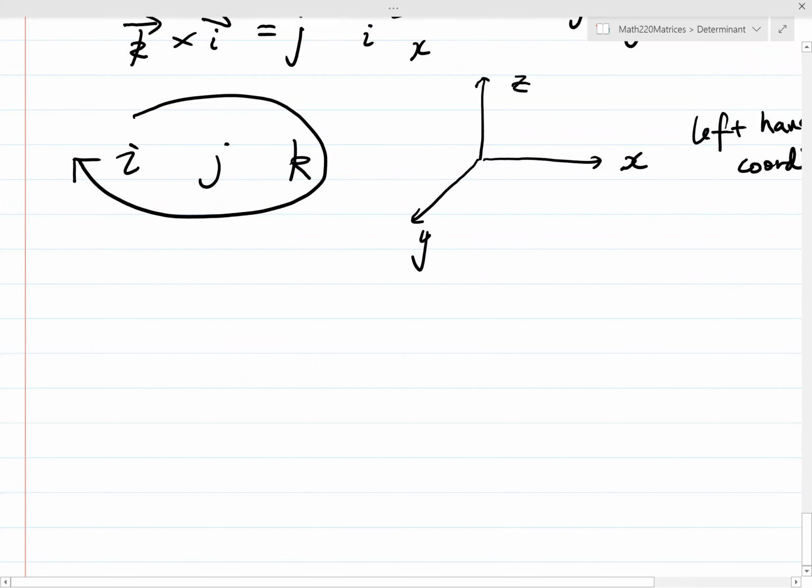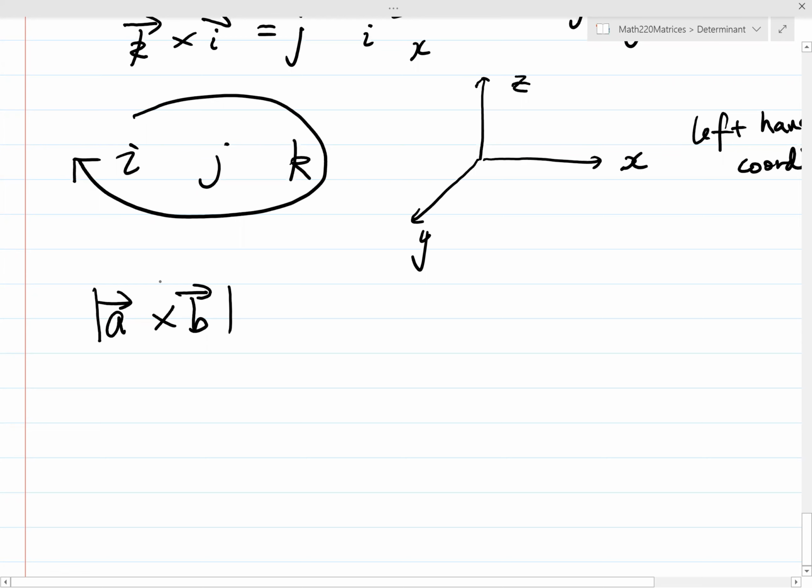Now if you have A, first of all, A cross B will be the area of the parallelogram. You can check with the area formula of a parallelogram: product of the two sides times the sine theta between them.